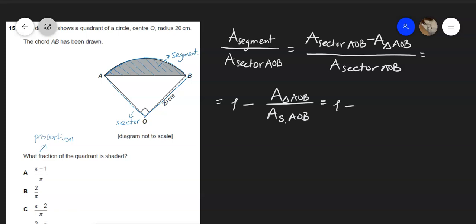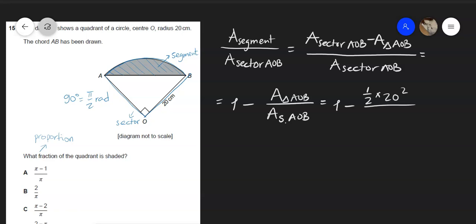The area of the triangle AOB, this is the right triangle with the angle 90 degrees, which is the same as pi over 2 radians. So the area of the triangle is half times radius squared, 20 squared.